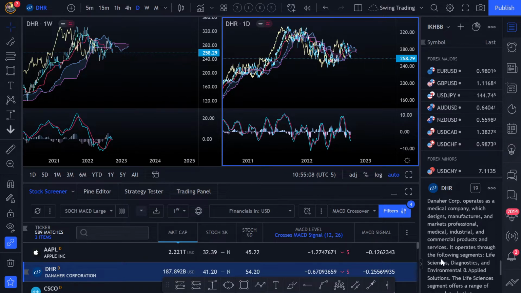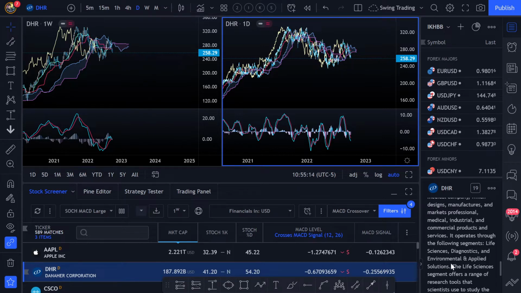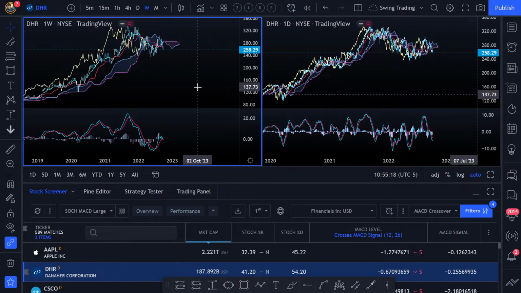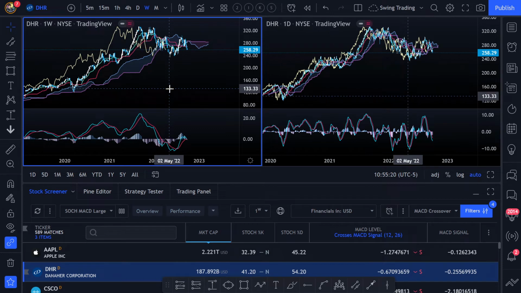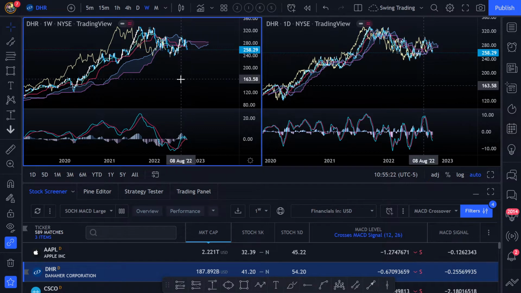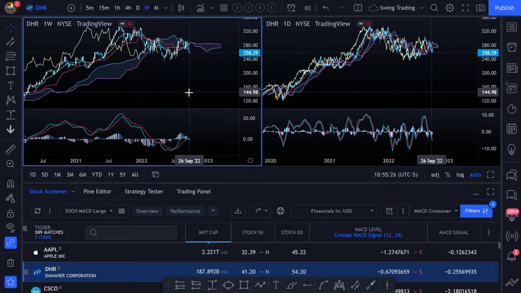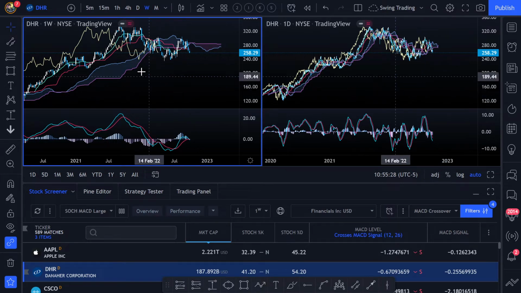It operates through the following segments: life sciences, diagnostics, and environmental and applied solutions. Okay, so it's a medical stock. So MACD in the weekly time frame also shows a bearish MACD crossover.